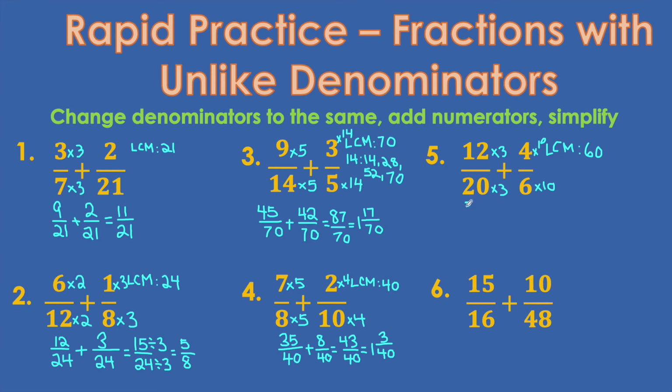And simplify, we have 36 over 60 plus 40 over 60, equals 76 over 60, which equals, turn it into our next number, 1 and 16/60, which can be simplified even further.